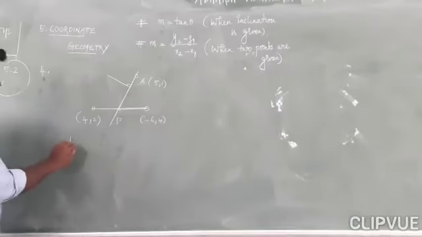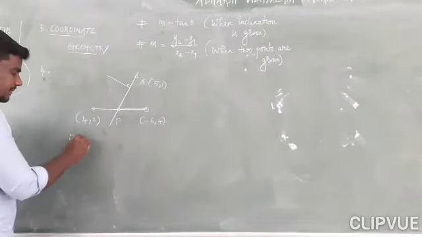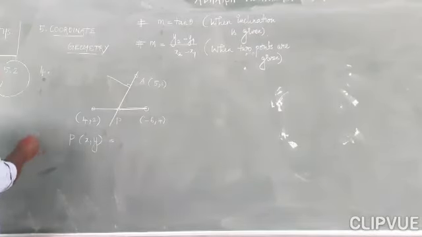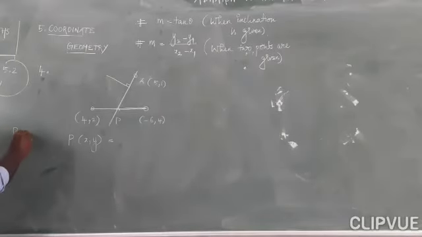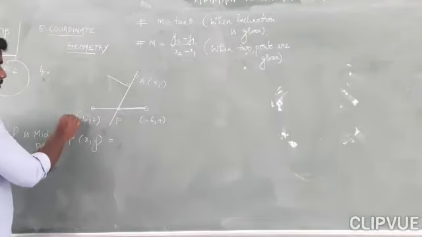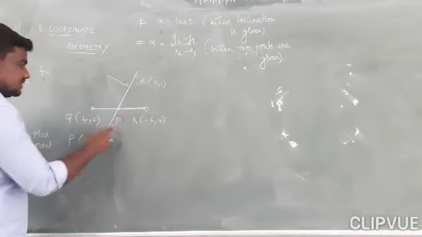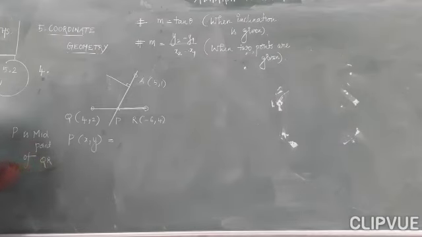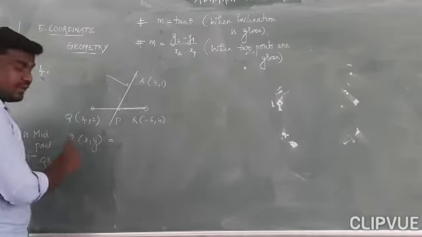How to find P? This P is the midpoint of Q and R. So I am going to find the midpoint here.